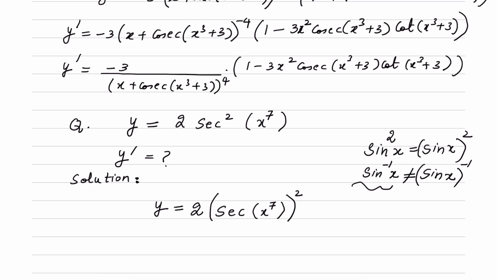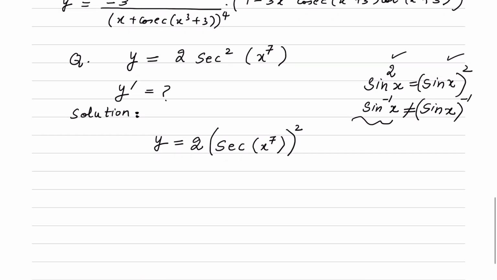So just remember that whenever there is a positive power on a trigonometric function, it could be written as the whole power. So back to our question, we are finding the derivative of the expression y equal to secant x to power 7, the whole power is 2.